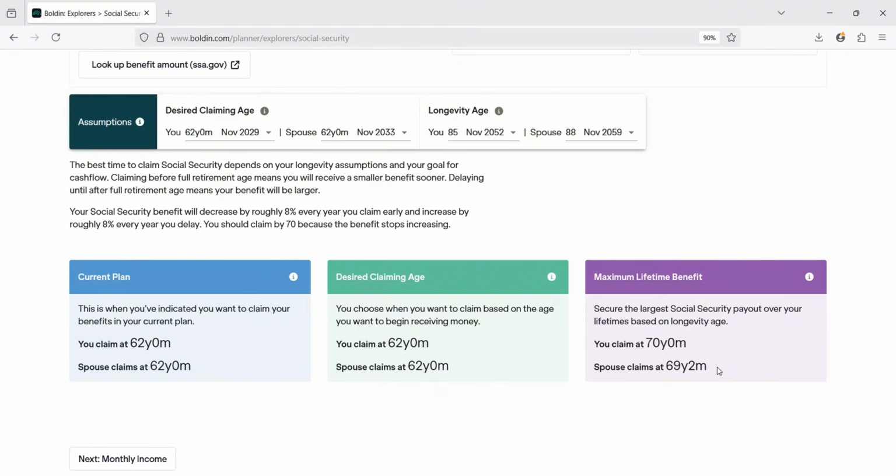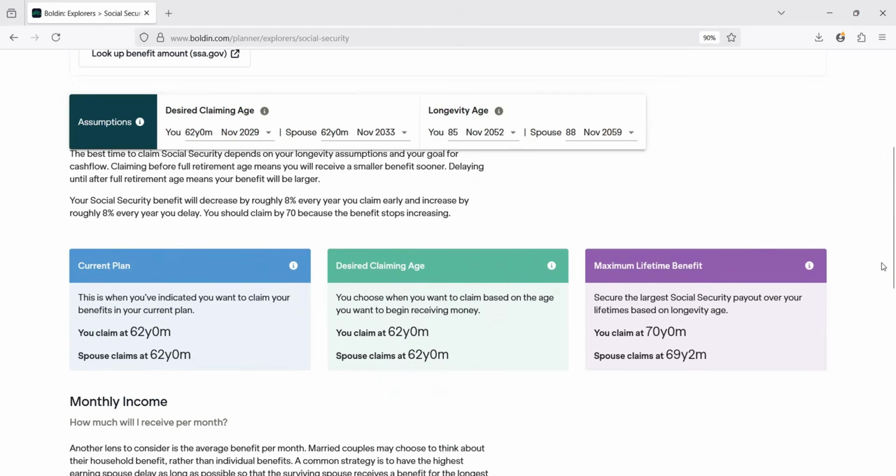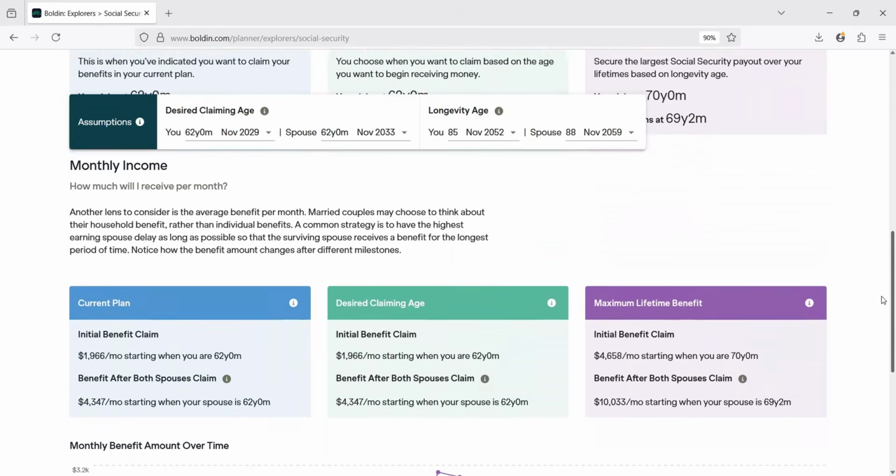Now, this is only one factor of what would be best for you. It may be better for you to collect more Social Security. However, it may really chew through your IRA savings to wait that additional 8 years. So we really need to take a look at it overall and compare. And to do that, we're going to continue through here, and then we'll add it to the scenario and take a look at both of them.